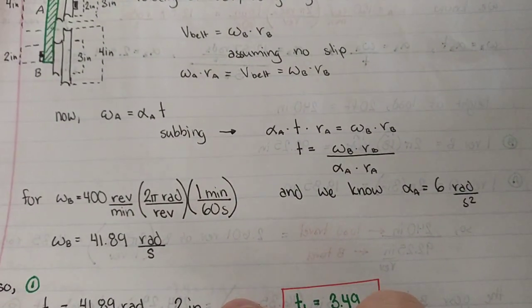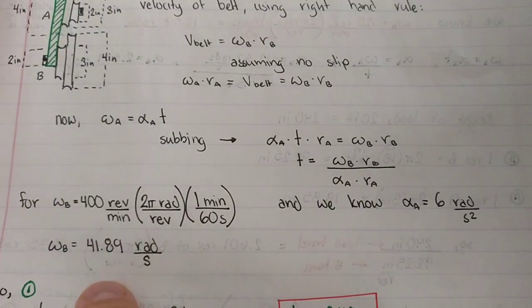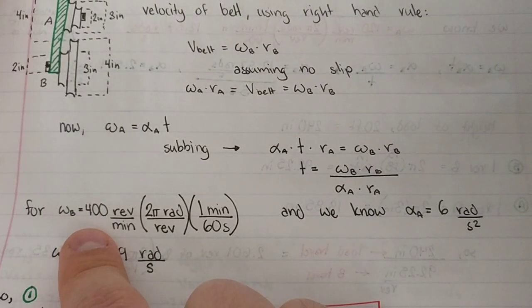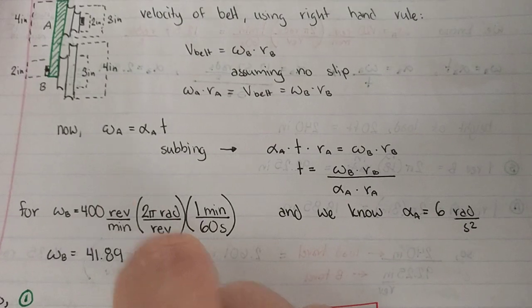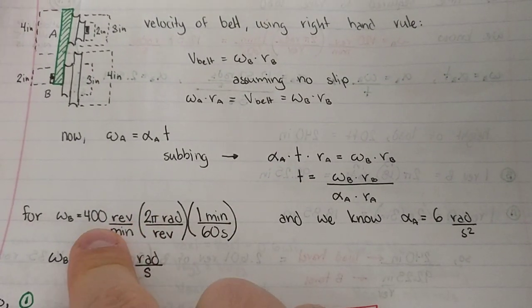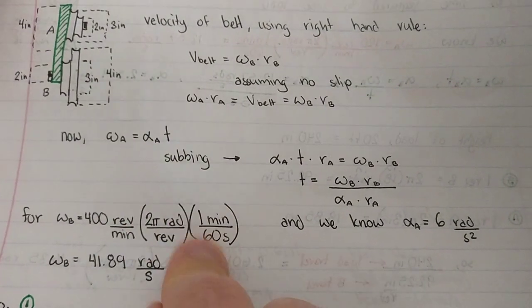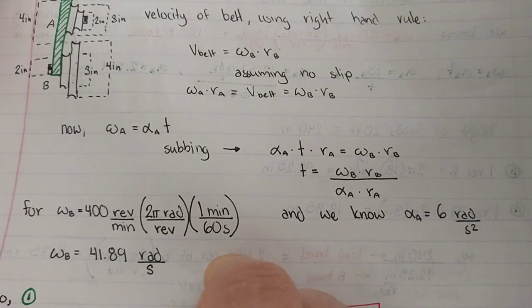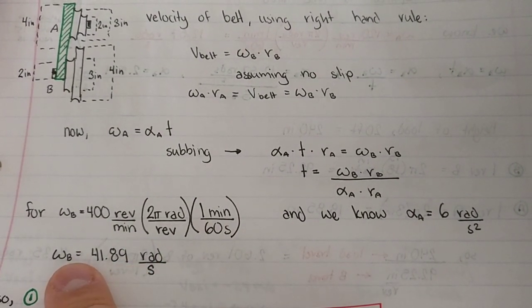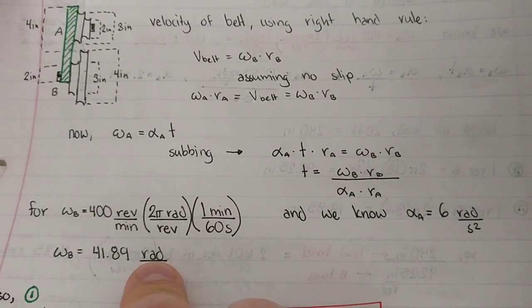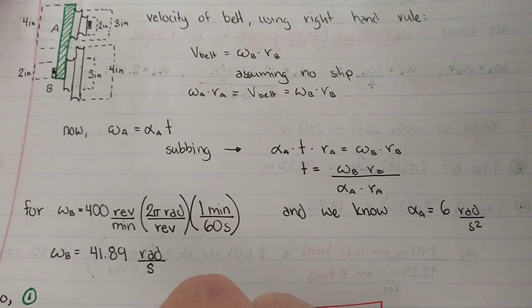For the angular velocity of B, we want it to reach 400 RPM. RPM is revolutions per minute, 2 pi radians per revolution, and 1 minute has 60 seconds. Multiplying that through, we have an angular velocity of B of 41.89 radians per second. That's what we want it to get to.